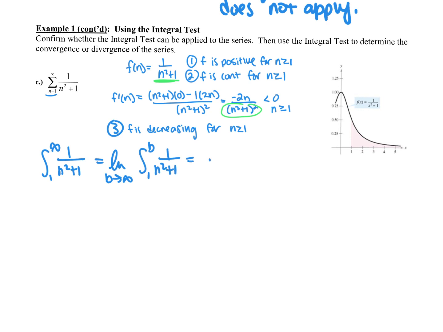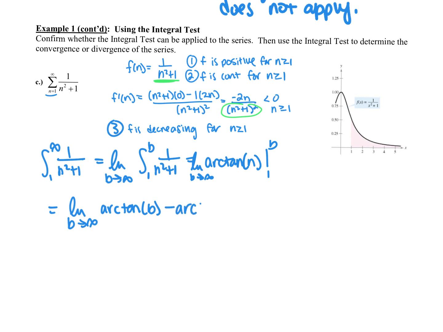And we will do arctangent of n evaluated from 1 to b, and we'll do the limit as b approaches infinity of this. So we'll plug in b, plug in 1 and subtract.